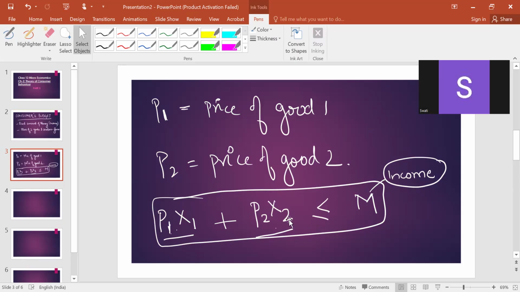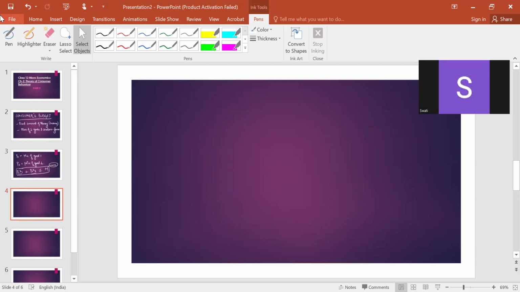Why have we mentioned less than or equal to? Because the consumer can afford the bundle. That is, all the bundles consisting of X1, X2 with prices P1, P2.